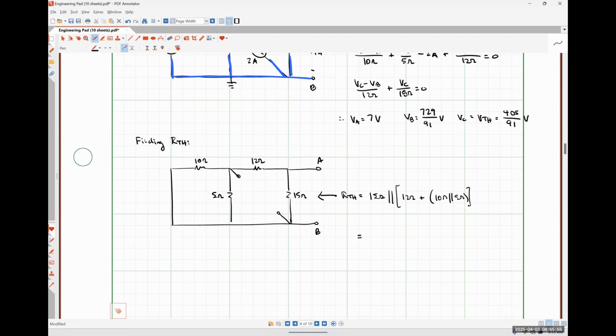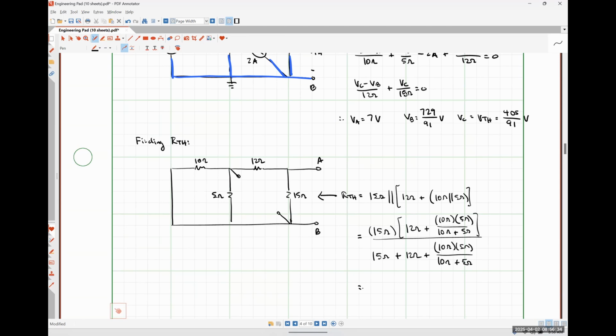So that would mathematically look like 15 ohms times (12 ohms plus 10 ohms times 5 ohms over 10 ohms plus 5 ohms), all over 15 ohms plus 12 ohms plus 10 ohms times 5 ohms over 10 ohms plus 5 ohms.